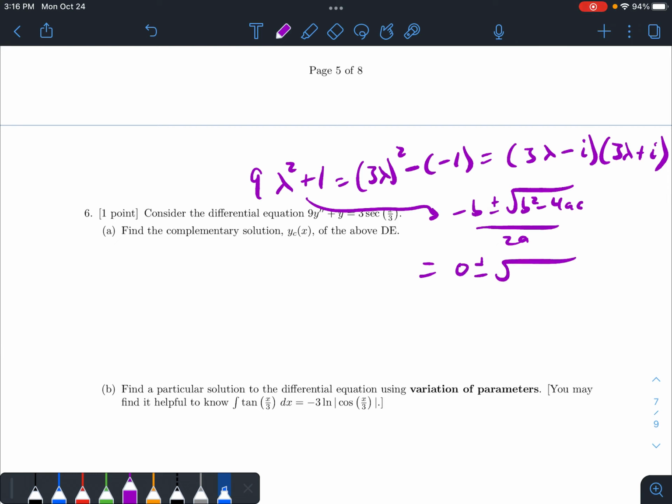So this is 0 plus or minus the square root of 0 minus 4 times a times c, c is 1, all over 2 times a, which is 9. So this is plus or minus the square root of negative 36. So this is 36 in here. The square root of 36 is 6, but I have a negative in there, so it's 6i. And then this is over 18.